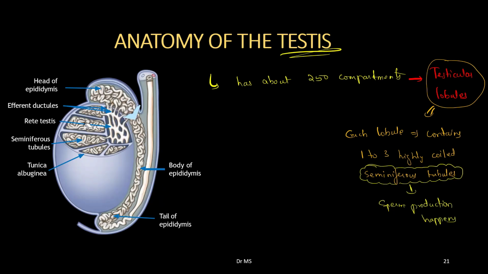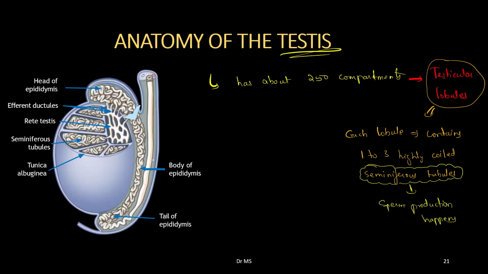And if you see here, this testis is covered outside by a layer that we call the tunica. This tunica has three layers: outer layer, middle layer, inner layer. The outer layer is the tunica vaginalis, the middle layer is the tunica albuginea, and the inner layer is the tunica vasculosa. Remember this.